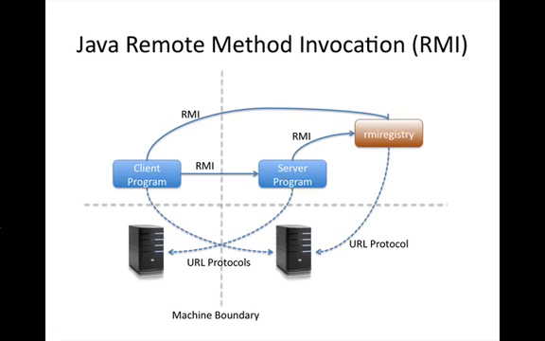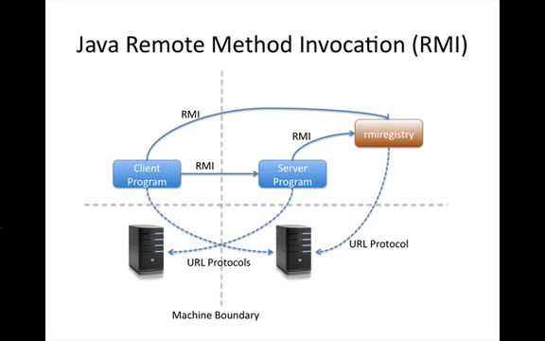The vertical dotted gray line that we see here is basically denoting a machine boundary. So we're going to use RMI to invoke objects across this machine boundary.